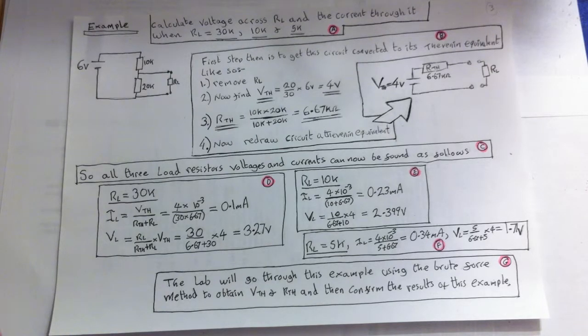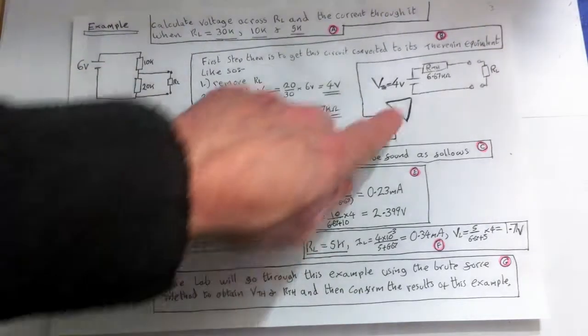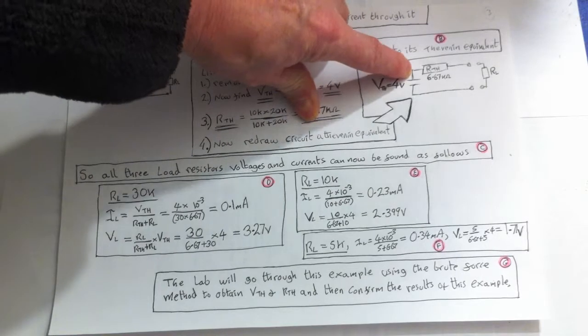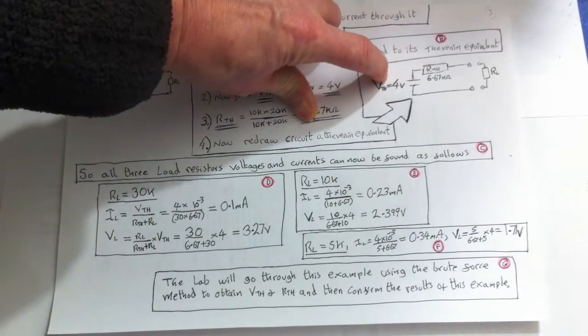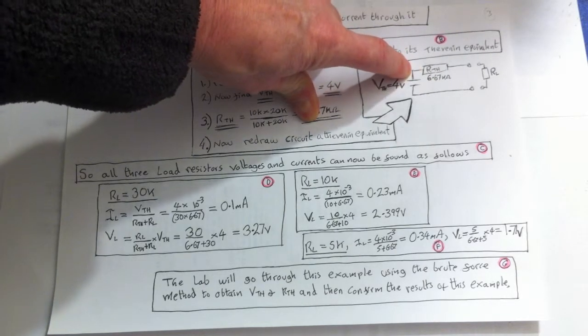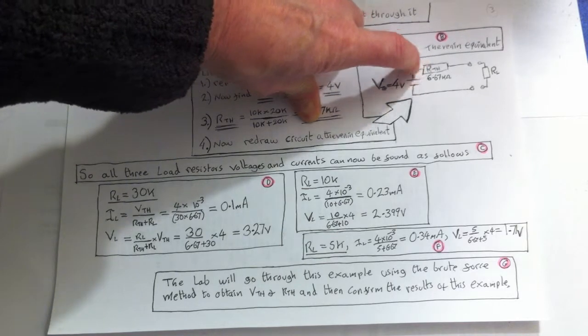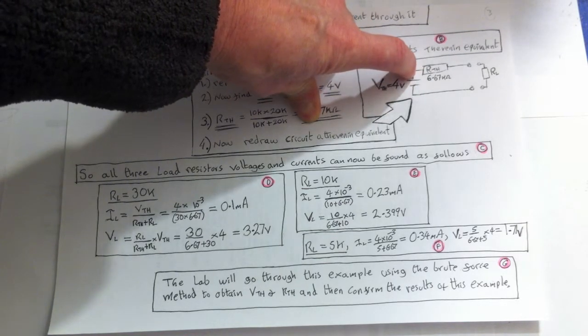The other reason it's really useful is that it's great for matching up modules. If you've built one module and you've worked out your Thevenin resistance and your Thevenin voltage, then you've got two attributes of that module, which allows you to match it up to other modules. You can match this up to an input module where you want to balance the loads.